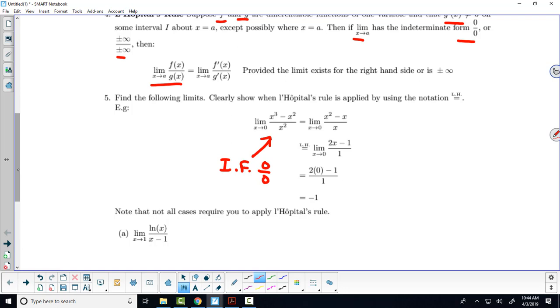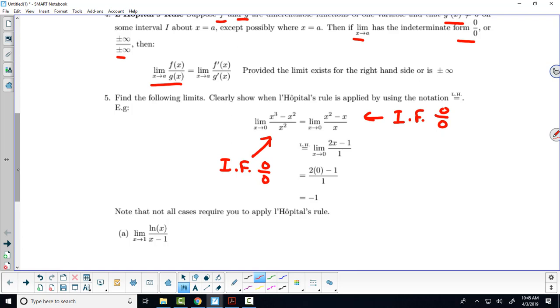Does everyone notice that? I am never writing something equals 0 over 0. I am just simply giving you the structure of the problem. What did I do from here to here? Well, it looks like all I did was cancel out an x, and I can follow you on that, right? And notice that it still has indeterminate form 0 over 0.